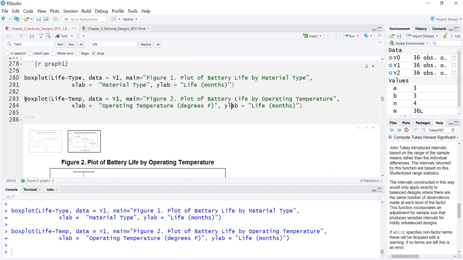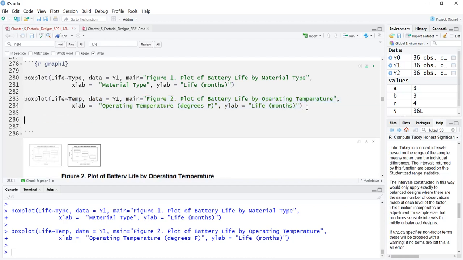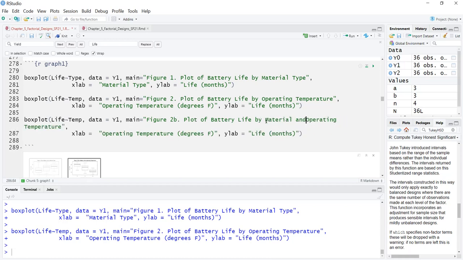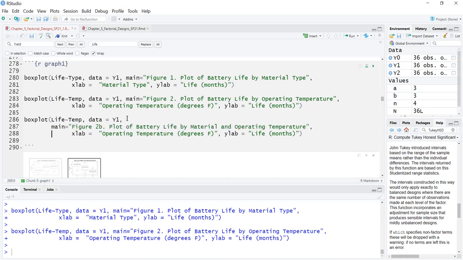And then I could do one by the combination, I believe. So we will do figure 2B, and we'll say battery life by material and operating temperature. I'm going to hit enter there, and then there, and I'm going to go, let's see, type plus temperature.